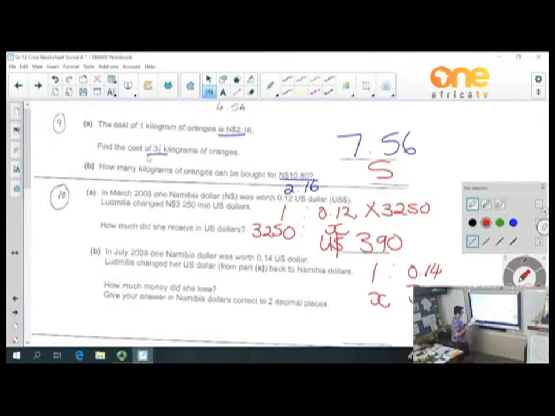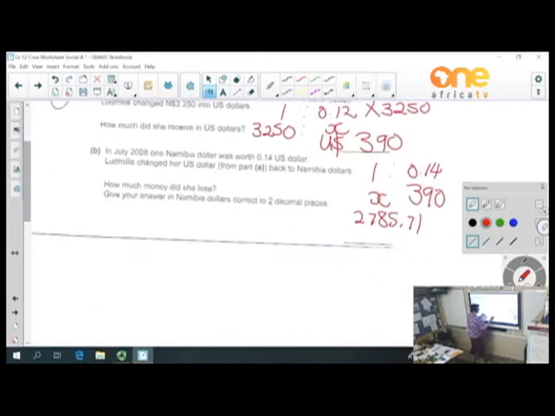And the answer is then 2785.71. And then you have to subtract it from the original amount there. So that's why her final answer then is 464.29 Namibian dollars. There are quite a lot of questions on social arithmetic in your papers.